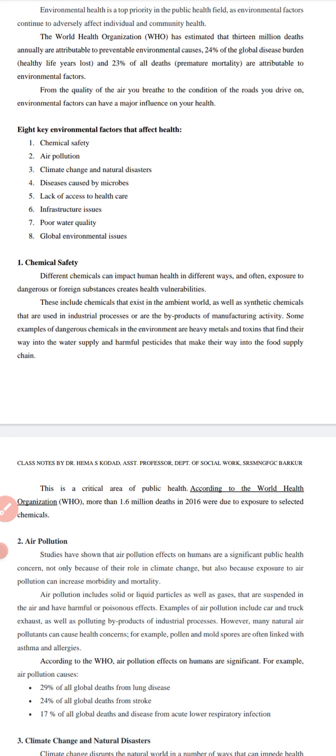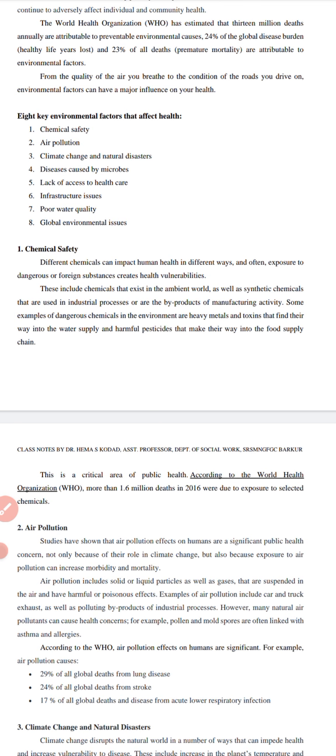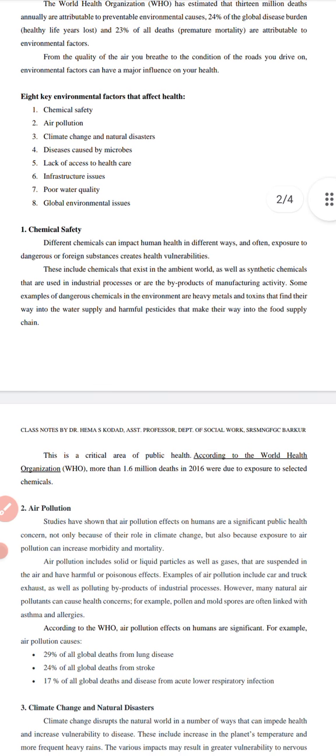Some examples of these dangerous chemicals in the environment are heavy metals and toxins that find their way into the water supply, and harmful pesticides that make their way into the food supply chain.